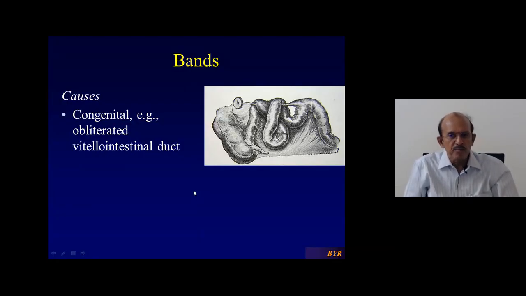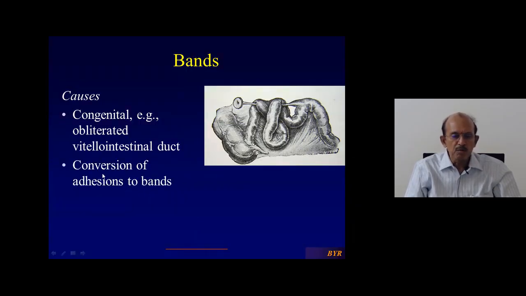Then fifth anomaly, a band. Totally got obliterated, becomes a band, not disappeared. So this is the band. So the vitelline intestinal duct, if it is obliterated but not disappeared, it forms a band like this.